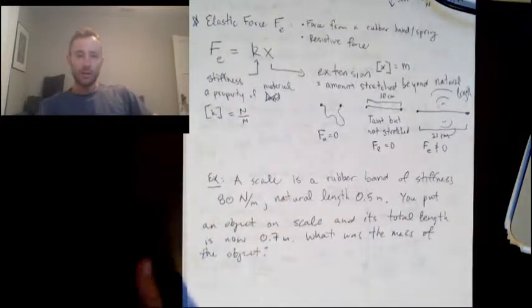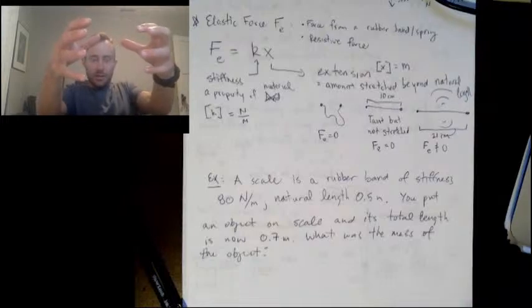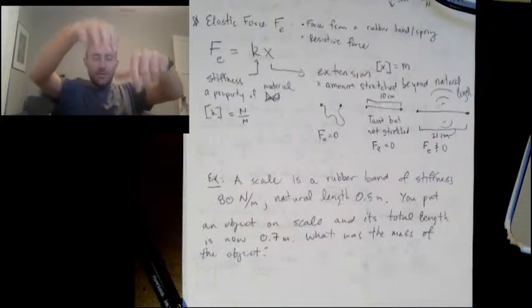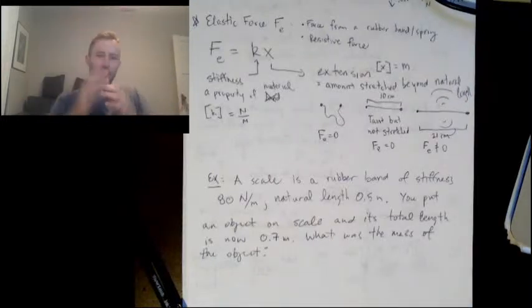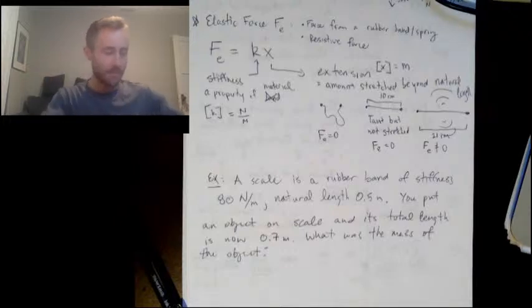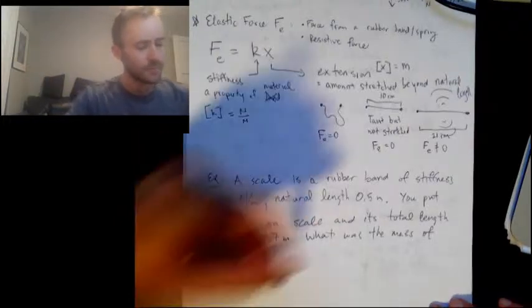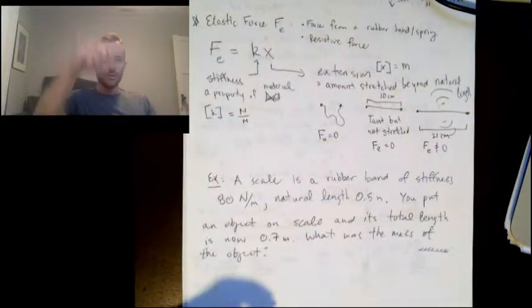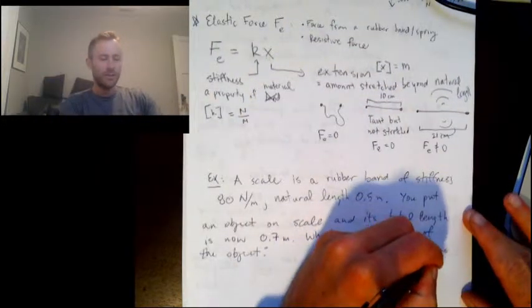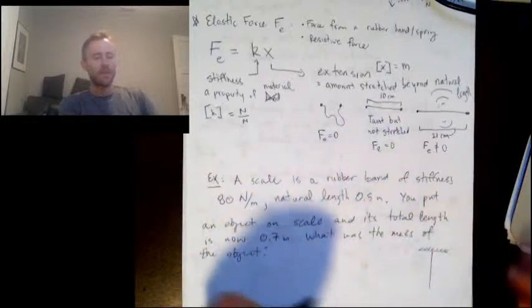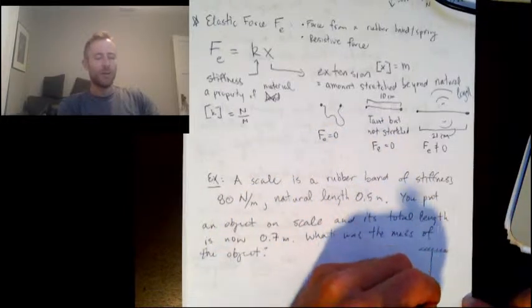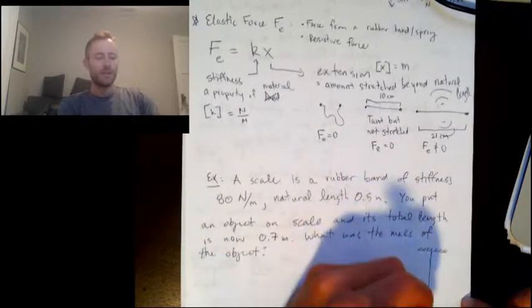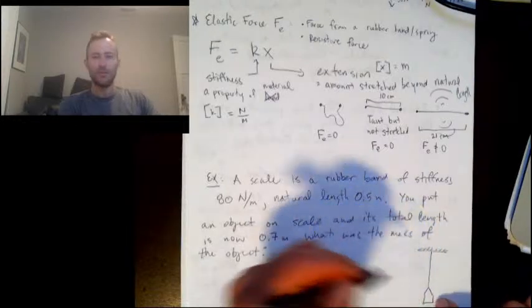So this is how a scale works. You put an object on the scale, it deforms, and the amount that it deforms tells you the mass of the object. The more massive the object is, the more it's going to deform. The picture you want to have in your head is the thing holding the top of the scale, and then a rubber band with a little bucket at the bottom, and in that bucket you have some stuff.